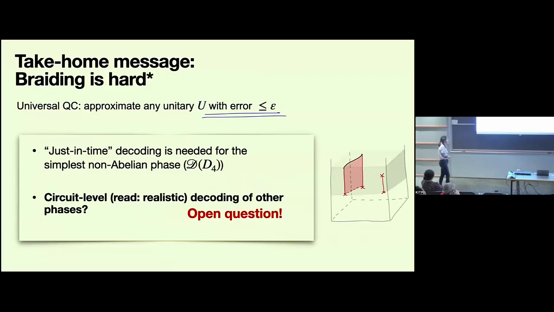When it comes to implementing other topological orders, there do not exist proofs of being able to realize them at a circuit level, which means that the proof that this can be realized with arbitrary accuracy has not been completed. We need to come up with decoding strategies in order to prove that, and that's still an open question.